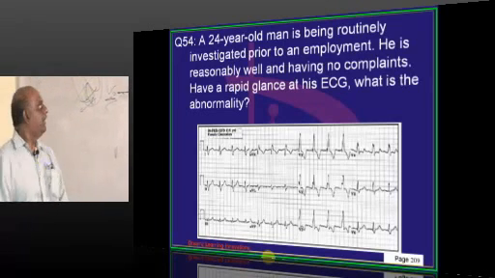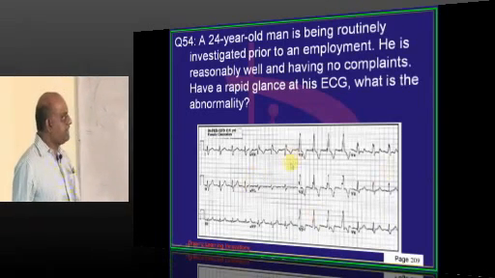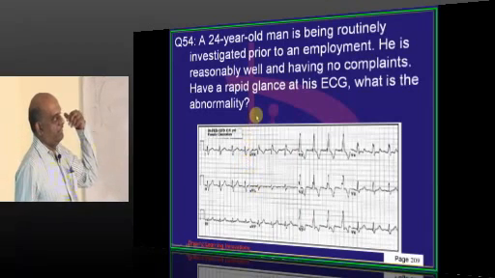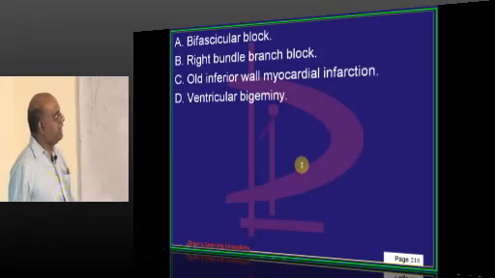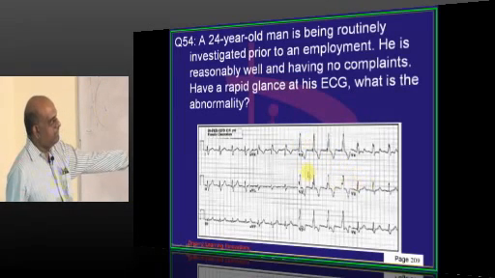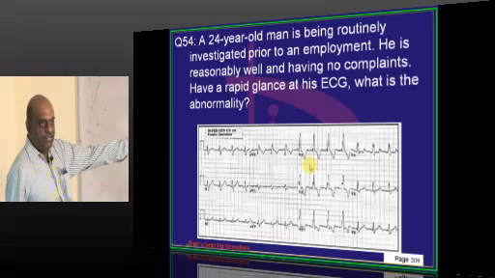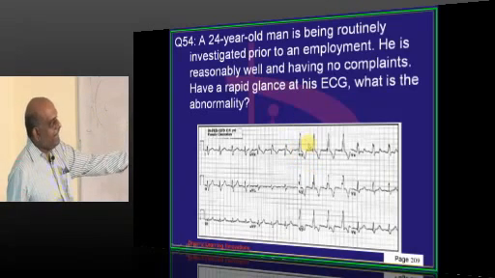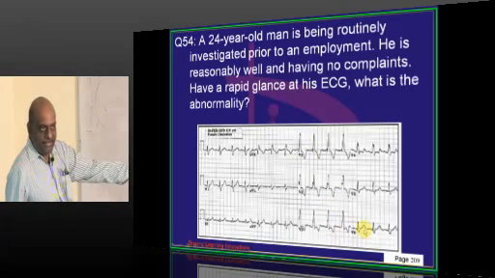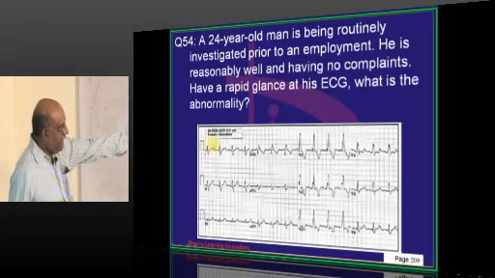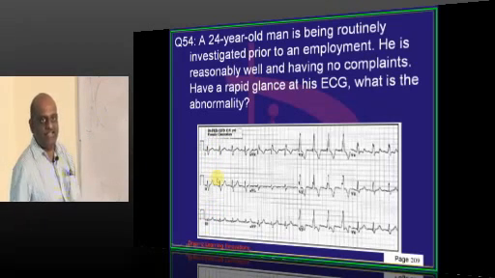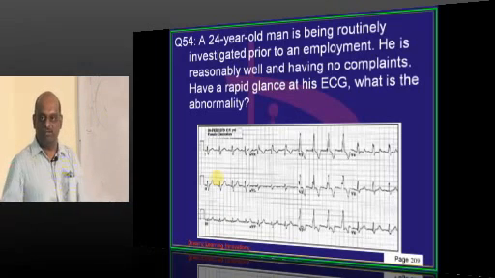A 24-year-old man routinely investigated before employment, and you have looked at the ECG. So what is your diagnosis? RBBB pattern: RSR pattern in lead V1 and W pattern in V6, along with lead 1 drooping down and lead 3 looking up, pointing towards each other with a right axis deviation, hence it is right bundle branch block.